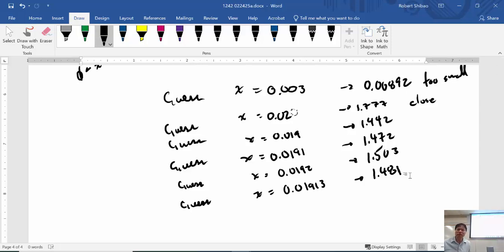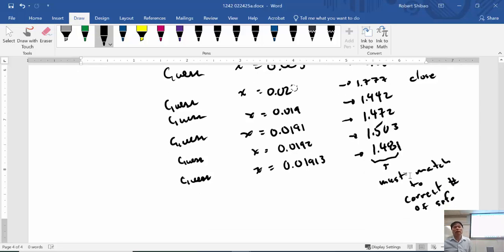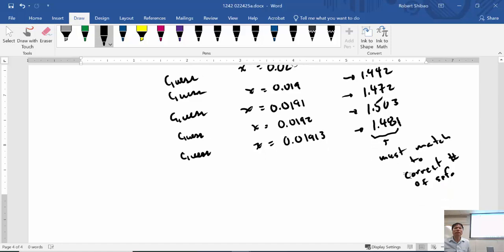If we can get it to agree to the correct number of sig figs, then we're done. Sig figs, SF. And therefore x is 0.01913.